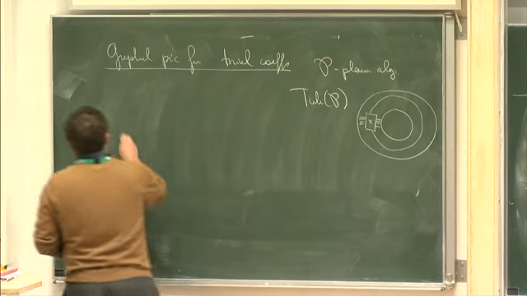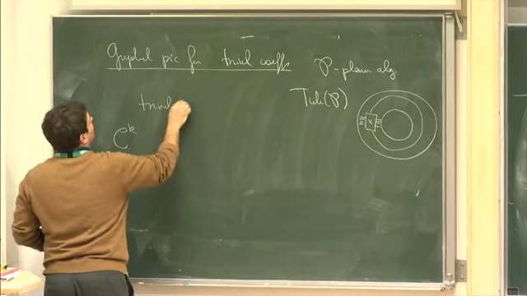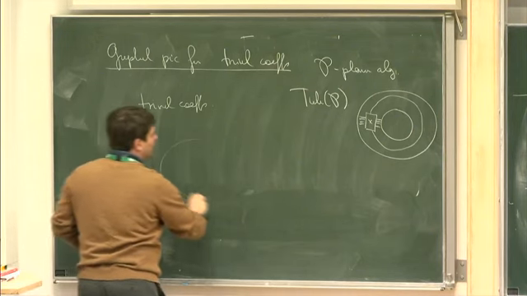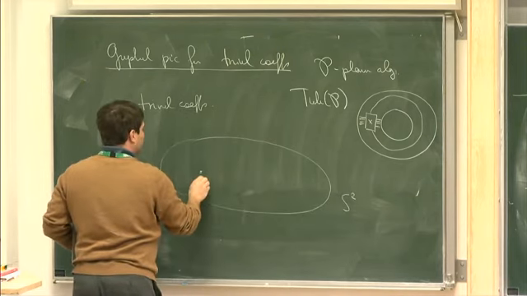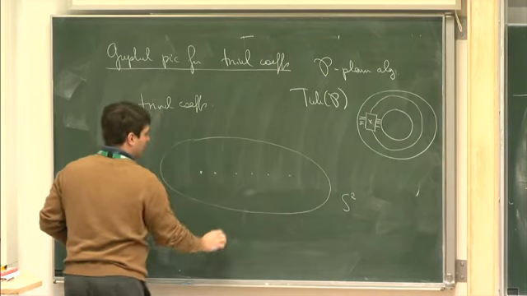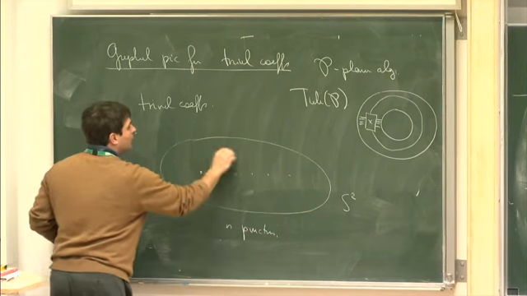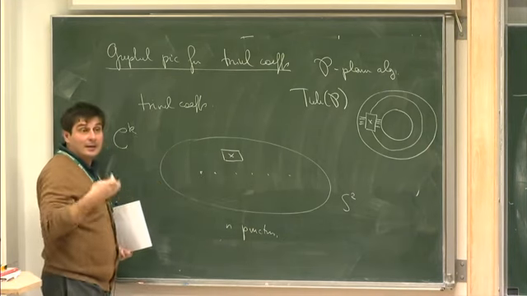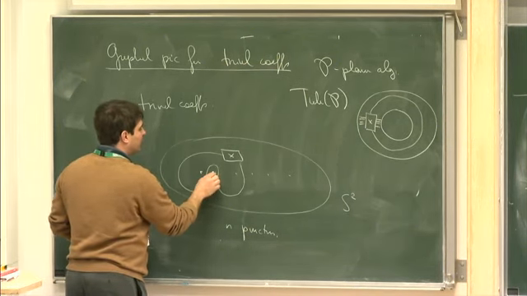Anyways, if you look at your complex C_k, again I'll take trivial coefficients, it turns out that what you have to do is take a sphere with some number of punctures, n punctures, and then you can draw the elements of your planar algebra any way you want in that sphere with some number of points removed.